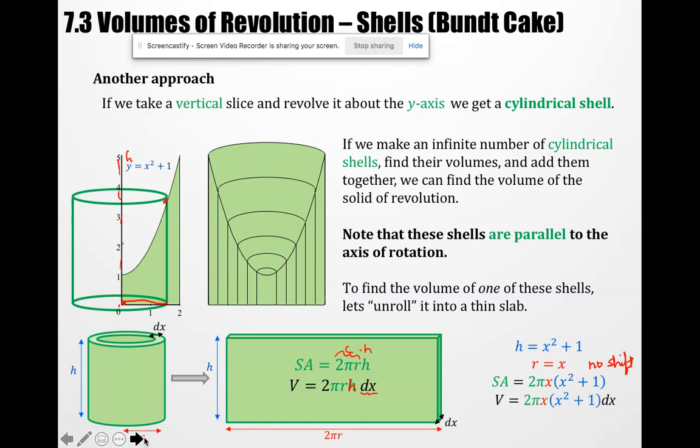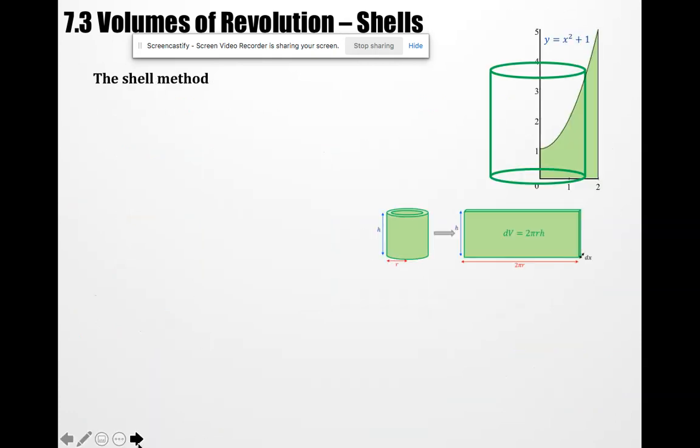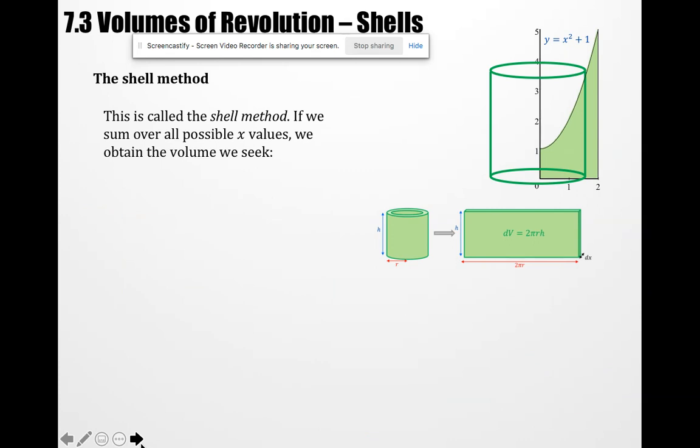So the volume of one cylinder is 2 pi times the x coordinate, whatever this is. Let's pretend that's 1.5, times the height at 1.5. And then I just want to add them all up. So there's the volume of one shell.